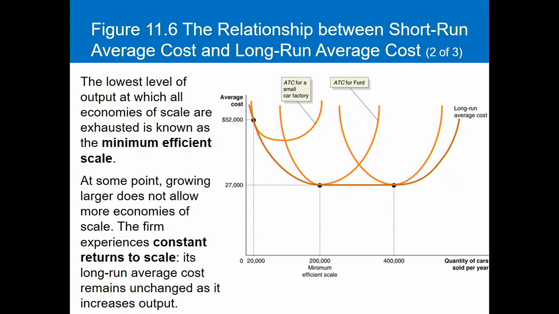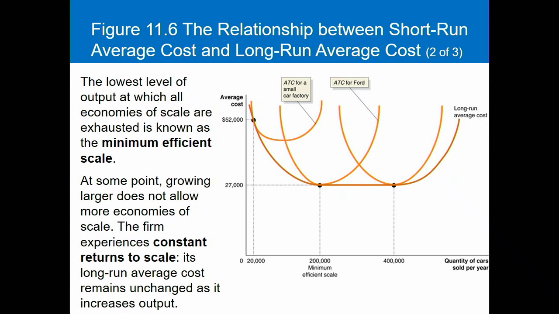There's some point called the minimum efficiency scale where the firm has exhausted all their economies of scale. At that point, they can't lower their average total cost. So at that point, no matter how large they grow, their average total costs are staying the same.